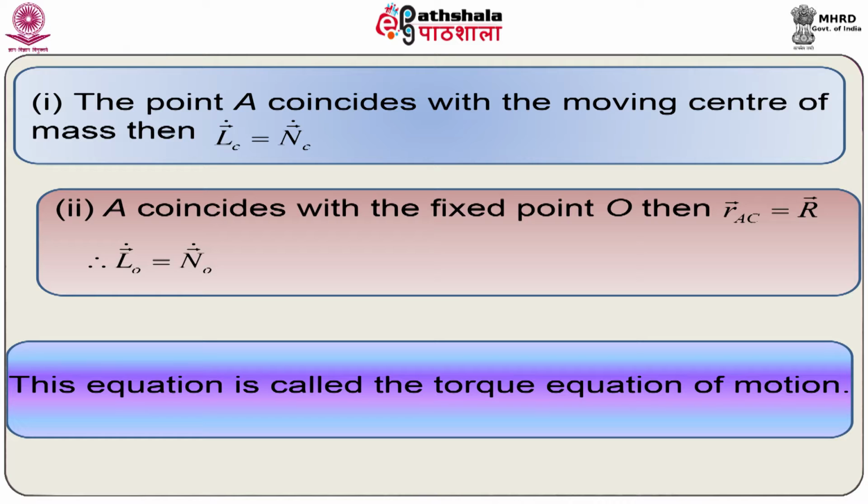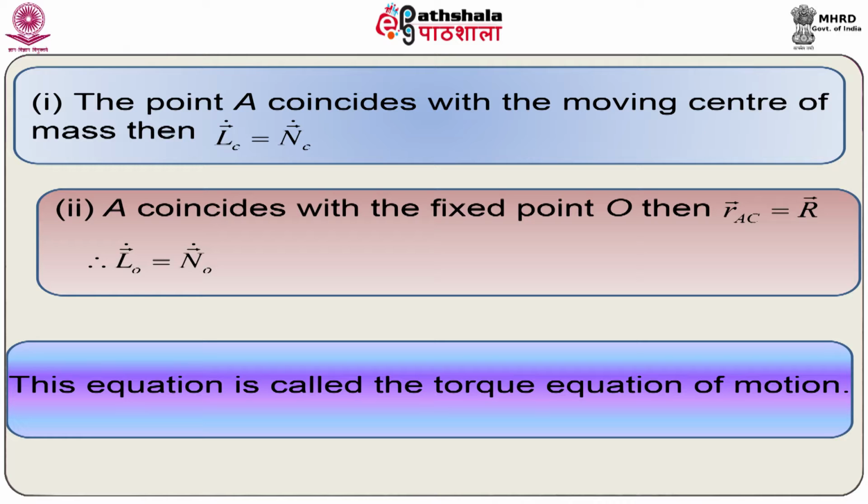When capital A coincides with the fixed point O, then R vector AC equal to capital R vector. Hence, the first term in the equation 9.2 vanishes, which gives this one.